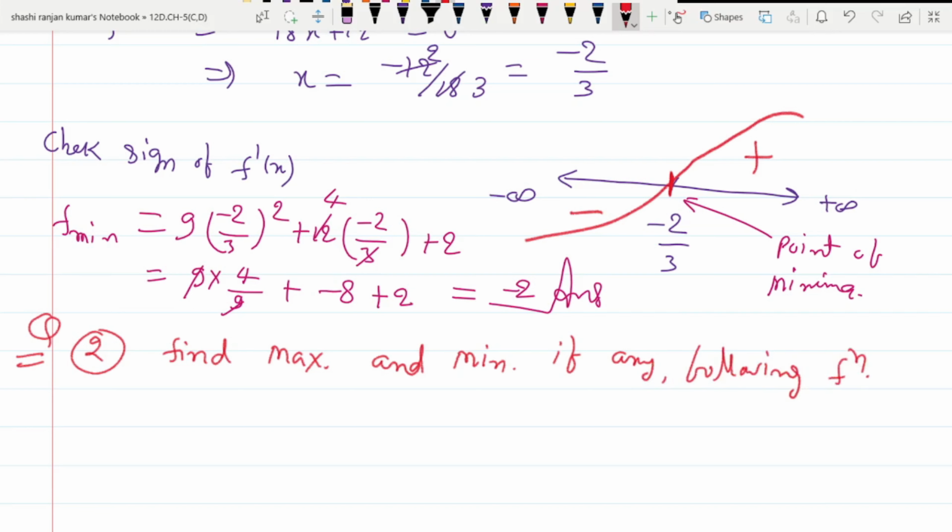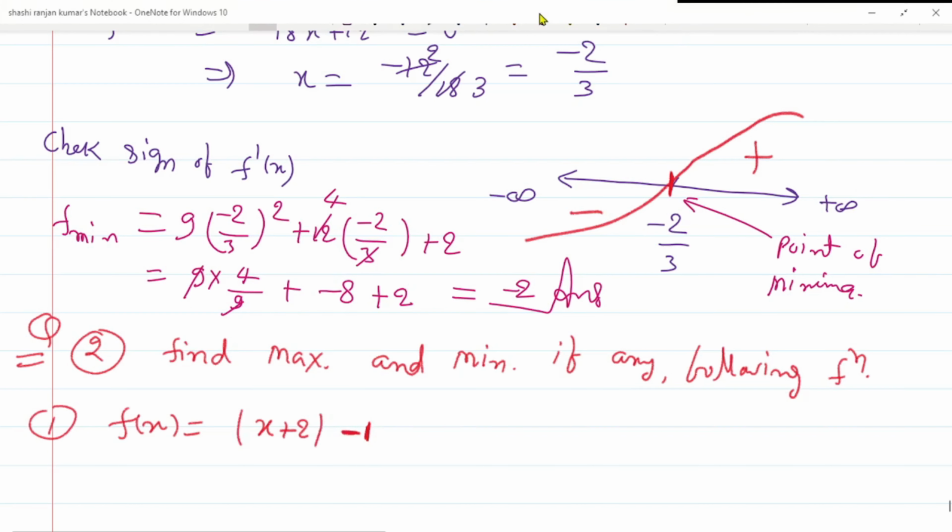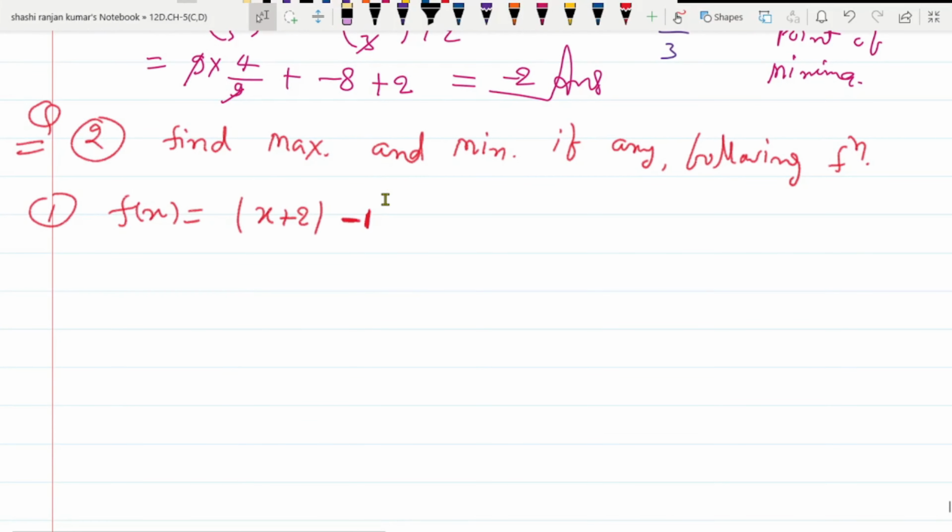Let me show you the question, this one. Here mod is involved. f of x is equal to mod of x plus 2, minus 1. Now we want to find the maxima value and minima value. So how can we find its maximum value?